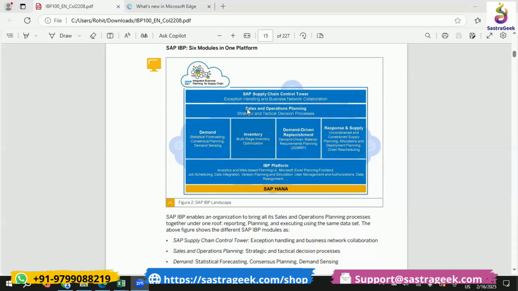So we will also see how that scenario planning or what if analysis can be modeled within IBP. And it is also one of the marketing features of IBP because it is quite fast. It does not have performance issues as compared to SAP APO world and should be able to help the supply chain community to take right decisions in S&OP cycle.